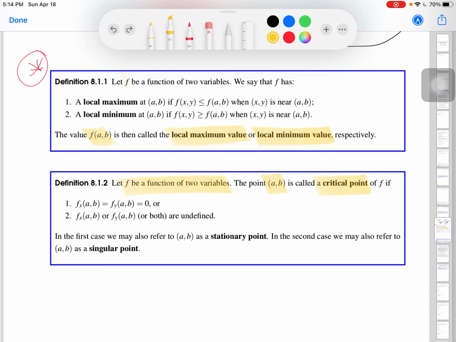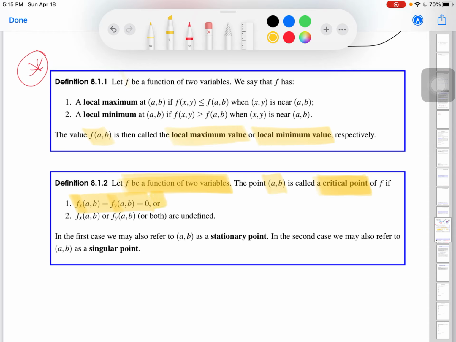Since f is a function of 2 variables, we can find 2 types of fundamental derivatives, f sub x or f sub y. So part of being a critical point is that at (a,b), both of these derivatives are 0. It's not going to do if just one of these is 0 and not the other. So we're going to require both of them to be 0 at the same point (a,b).